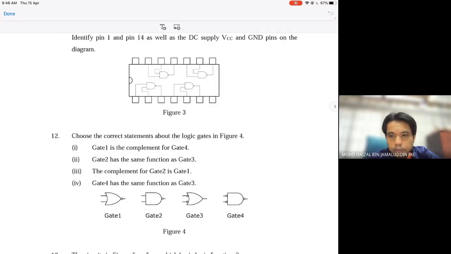What is the portion of test 1? If I'm not mistaken, it's 15%.